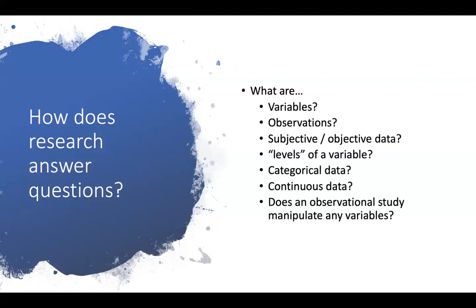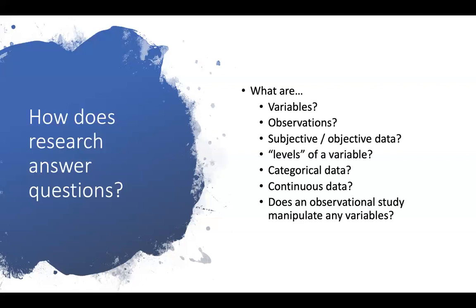You look at an observational study, and what you're doing is you're just looking. You're not making any changes to what's going on. You're just observing. And so observational studies are studies that just look at something. You're not changing any variables. So when we talk about manipulating a variable, what we're talking about is changing something that's going on in the experiment so that some people get one thing and the other people get the other thing.